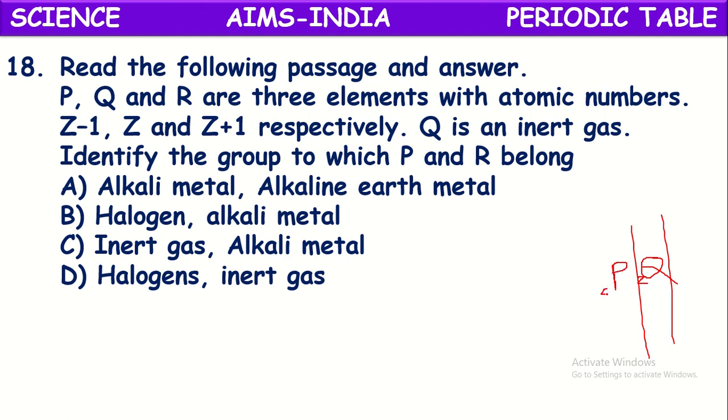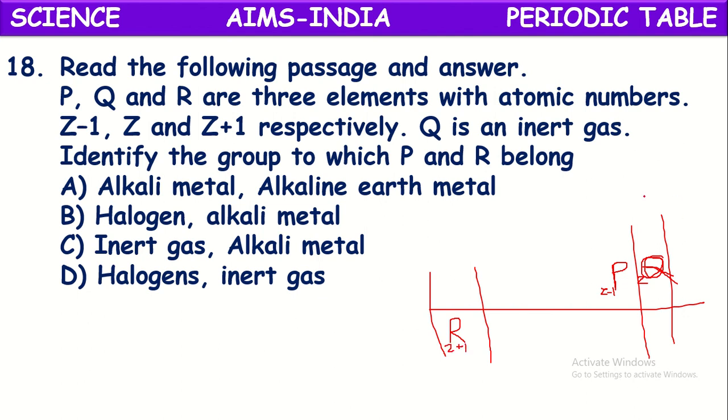Q is Z, and the next element is Z plus 1. We know the element after any noble gas will be an alkali metal. It will be at the start of the next period. So we can locate R here with atomic number Z plus 1.